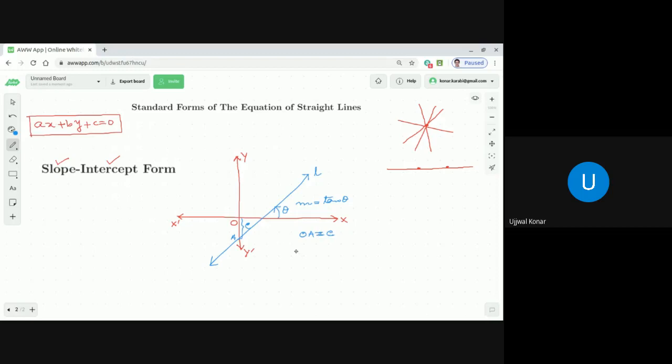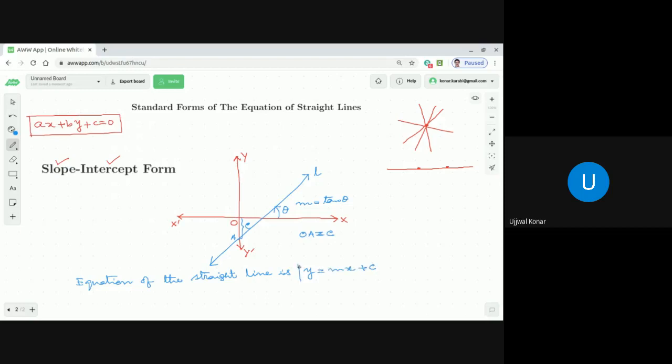So when these two pieces of information are given, the equation of the straight line is y is equal to mx plus c.